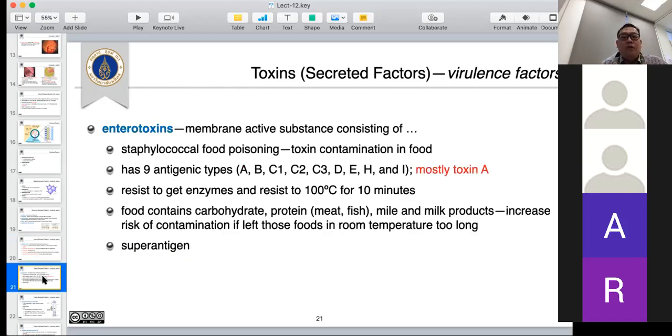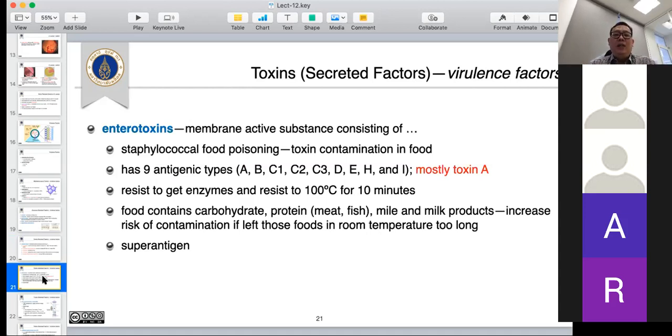Staph aureus also produces another type of toxin called enterotoxin. Enterotoxin is present in some Staph aureus, and if they release enterotoxin, they are prone to cause food poisoning when you eat food contaminated with toxin.